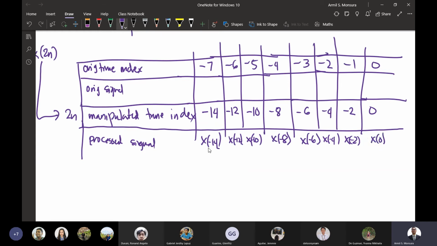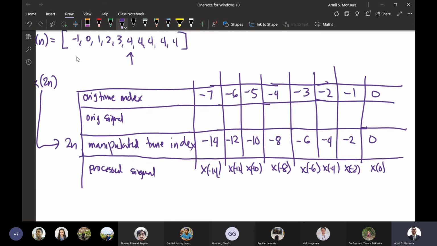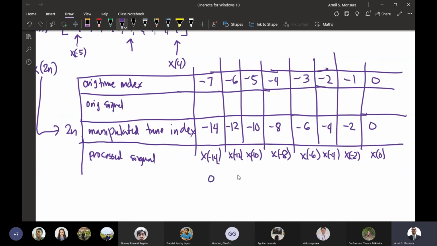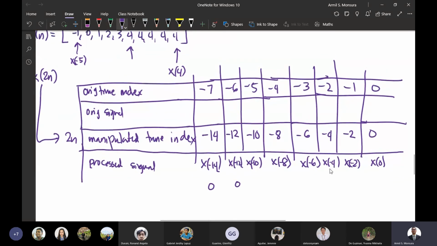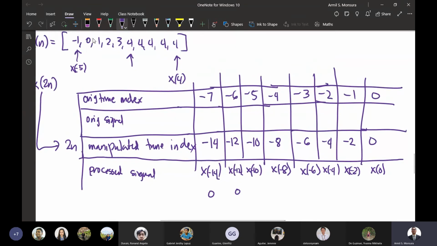Accordingly, dun sa original signal ninyo, again, this is x of negative 5. Doon siya una mag-uumpisa na magkaroon ng non-zero value. At magkakaroon siya ng huling non-zero value sa signal value na x of 4. So, ibig sabihin nito, 0, 0, 0, 0, 0. Ito, x of negative 4, 0 pa rin.